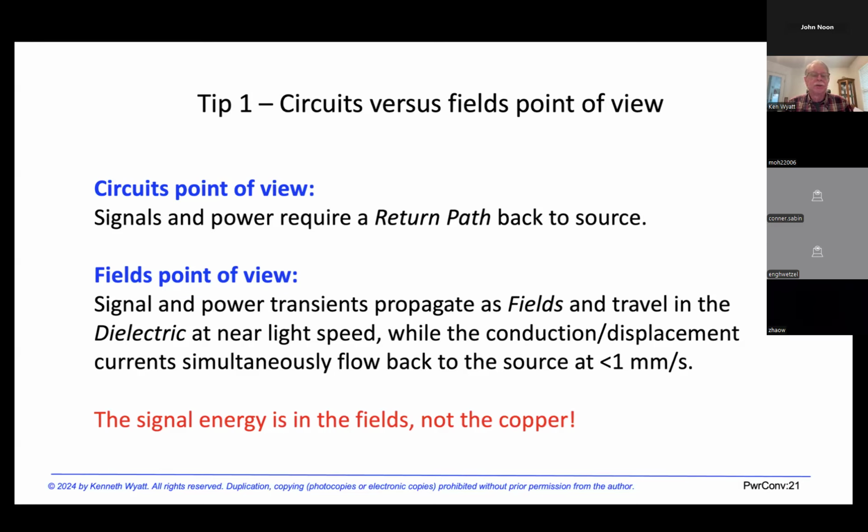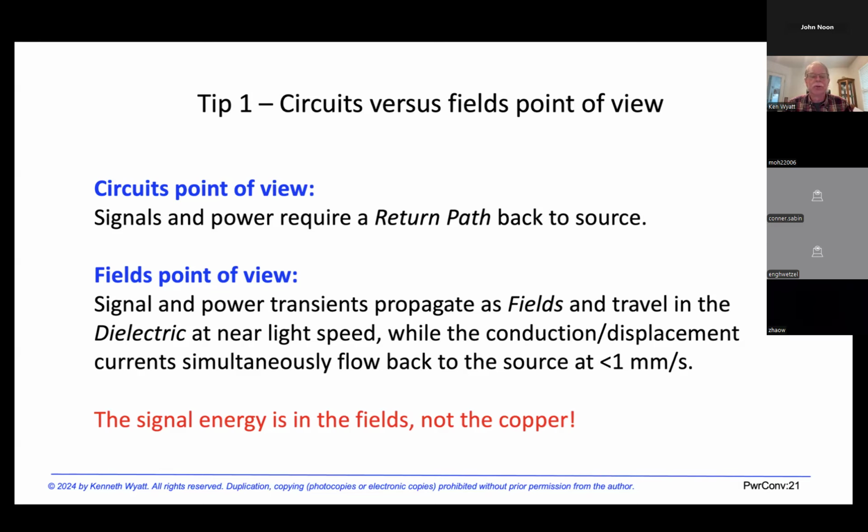What is true is that from a circuits point of view, all signal currents must return back to their source, and if you don't control that return path very well, that's just going to lead to EMI issues.